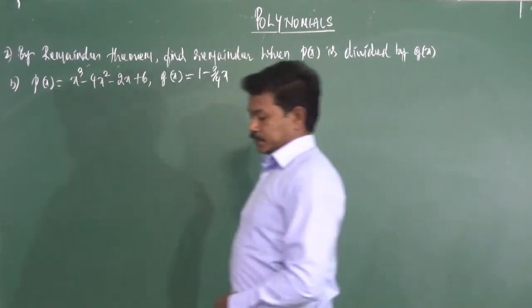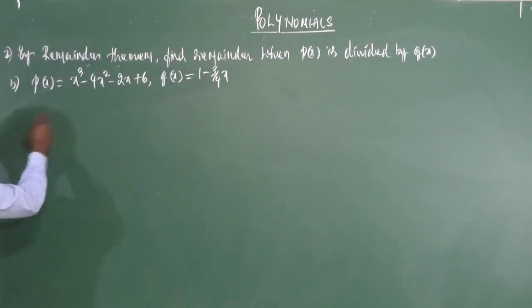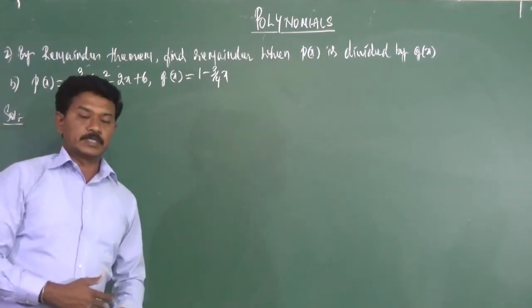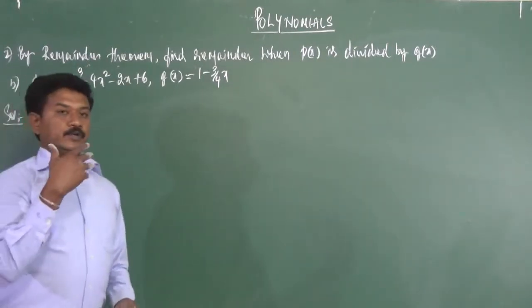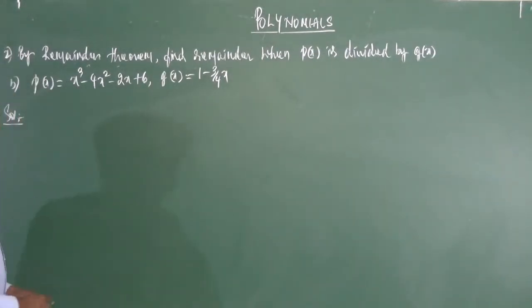Okay, let us do this. It is very important, a 2 mark question. Solution. So this particular problem is not in your textbook. It has been taken from outside the textbook, as the problem is very tricky and you learn a lot of simplification here. So therefore I have selected this particular problem.